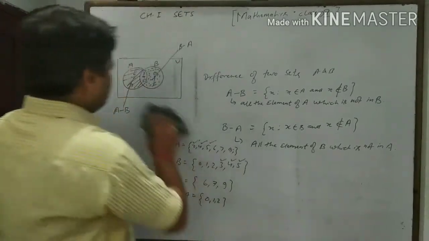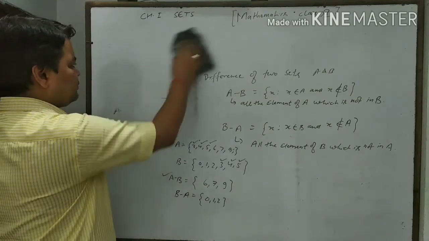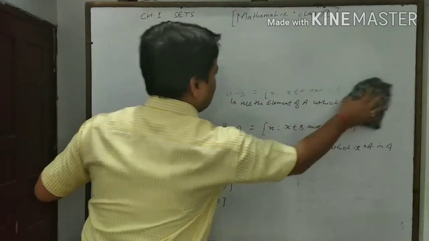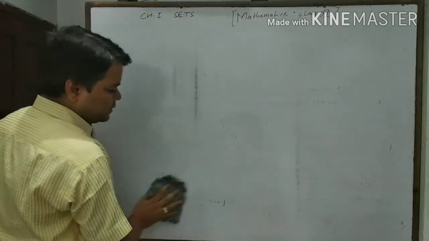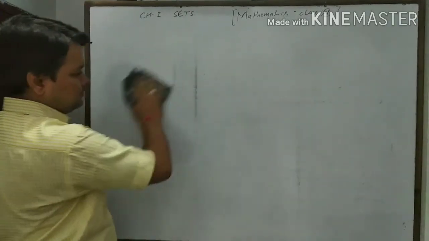Now with the help of a Venn diagram we can represent all the operations regarding two sets A and B. How?